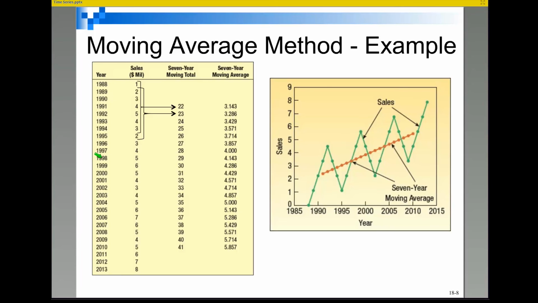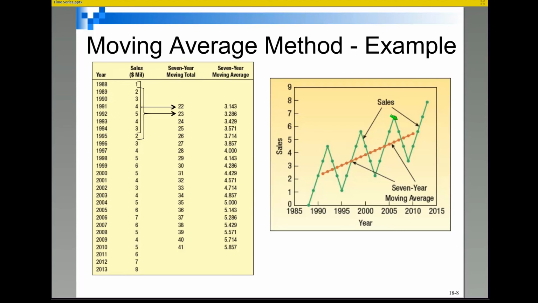What I have here is the sales of a company over years from 1988 to 2013. Okay, and the original green line represents the sales over years, and this is definitely an example made up by the author, because you see this almost exact pattern of the time series data repeating itself over years.